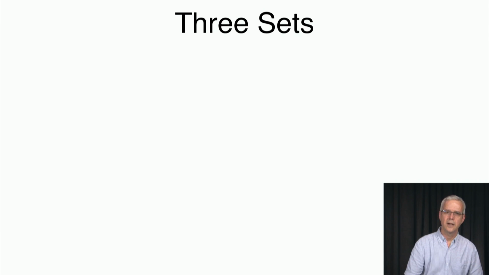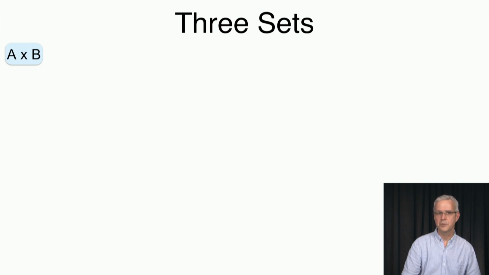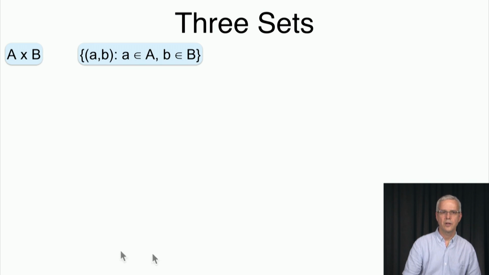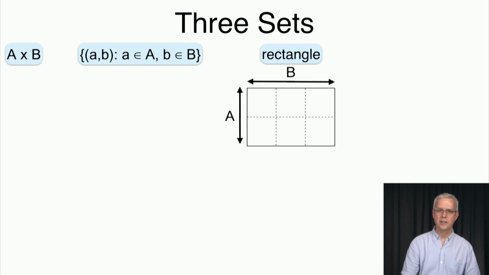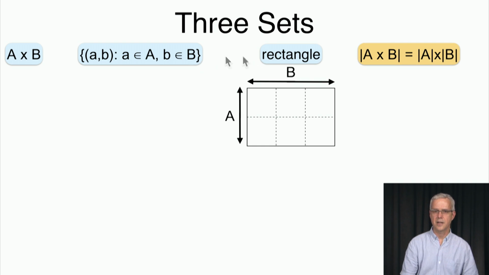All right. If you have more than 2 sets, so A times B, the Cartesian product, is a set of all (a, b) such that a is in A and b is in B, and this gives you a rectangle like that. And the size of the rectangle, as we saw, is just the product of the sizes of the 2 sets.